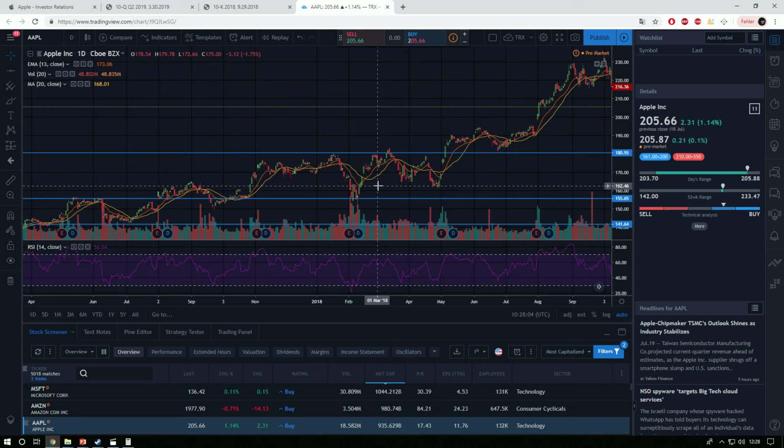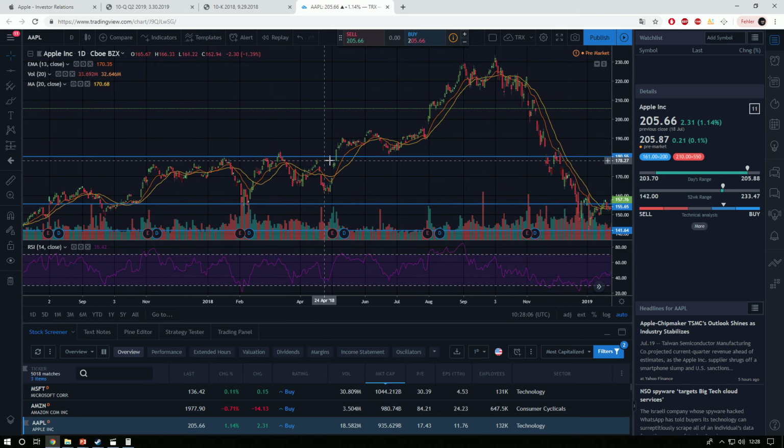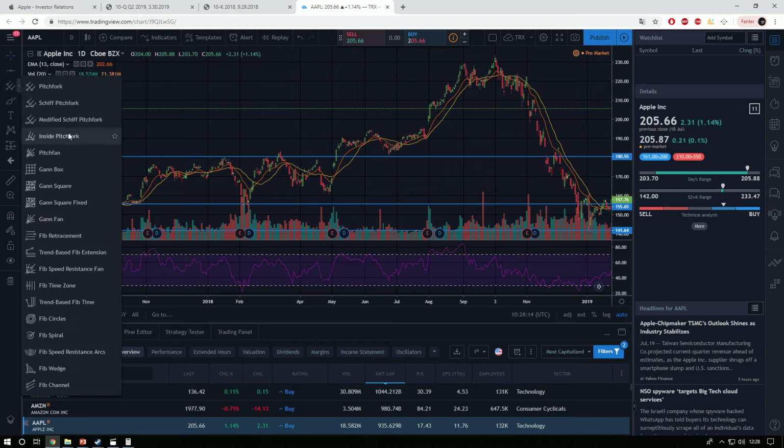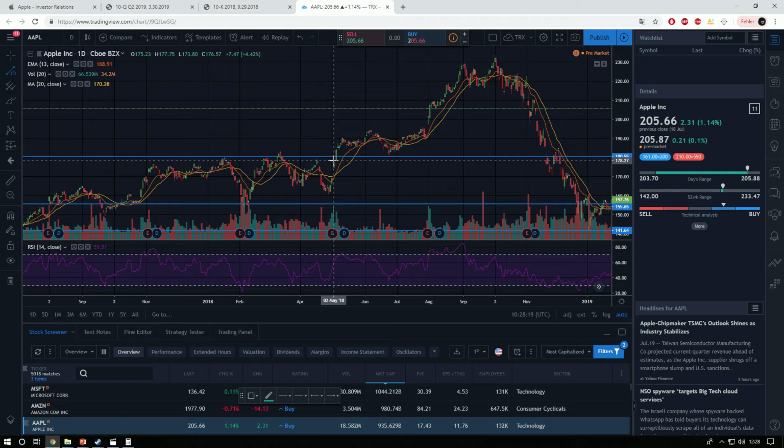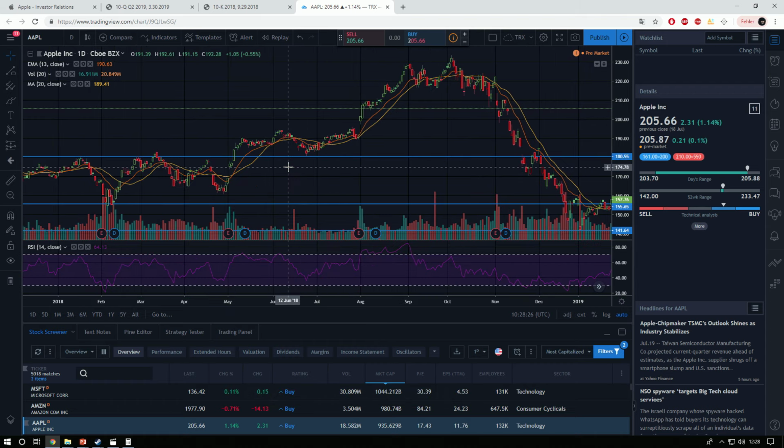You can see here's another line, another support. Then it went up again to 180, and then here you can see this huge spike right here, where it went, and we can look at this as well with the info line, let's say from here to here. See, this is 3% within a couple of days, which is for a large stock like this quite huge actually.